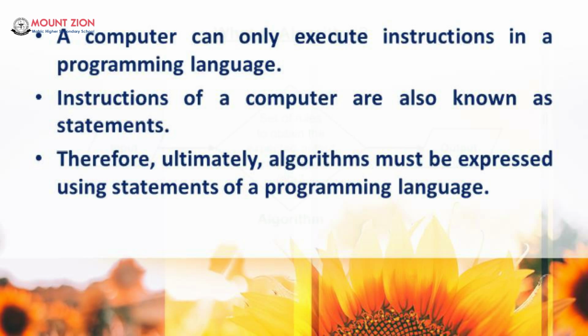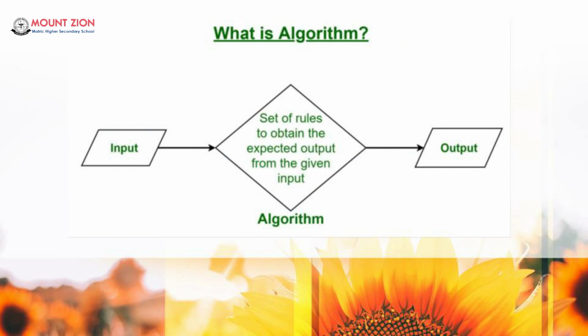Here I have specified one simple diagrammatic expression so that you can easily understand what is meant by an algorithm. I have already told you, an algorithm is a step-by-step process, or we can call it a set of rules and regulations, to obtain the expected output from the given input.